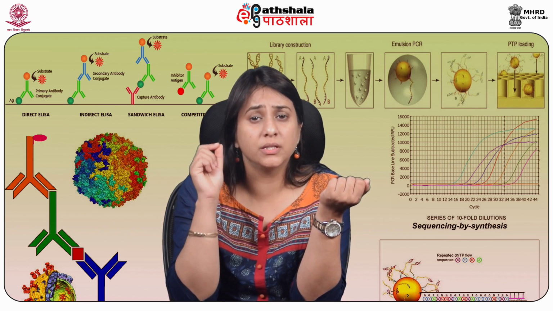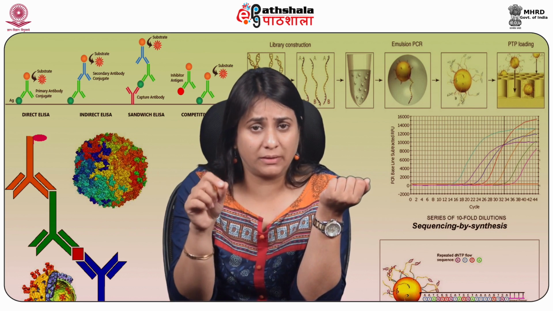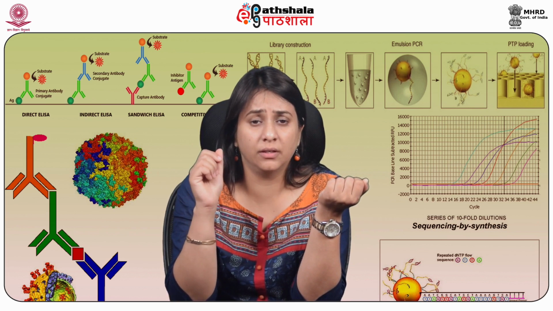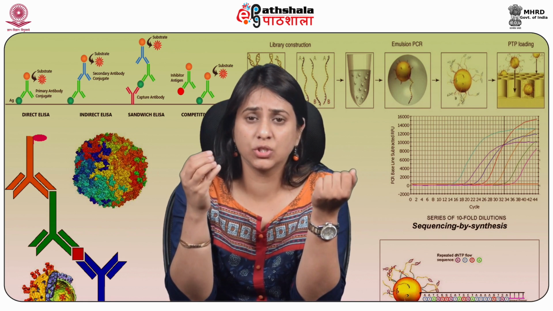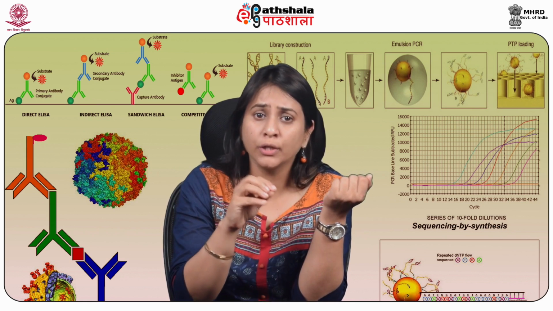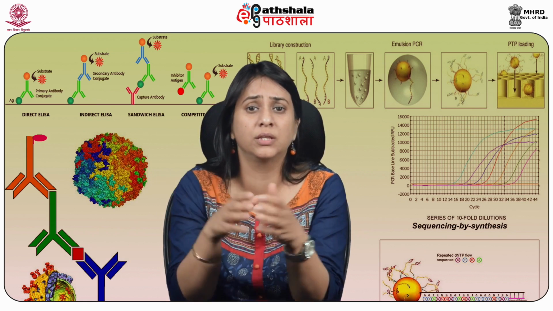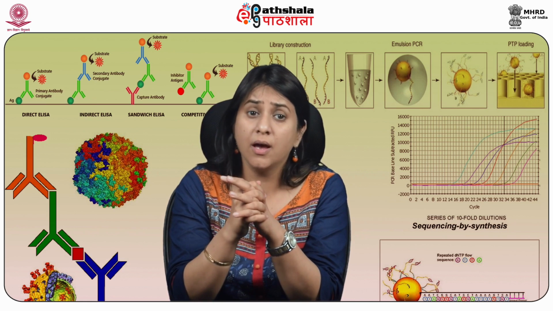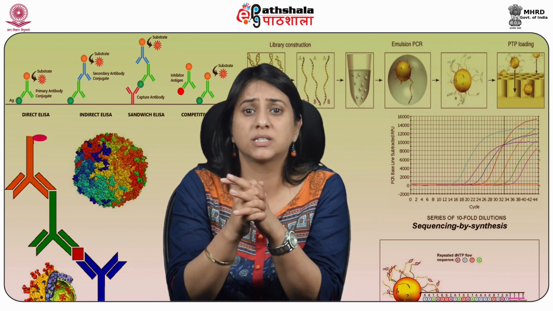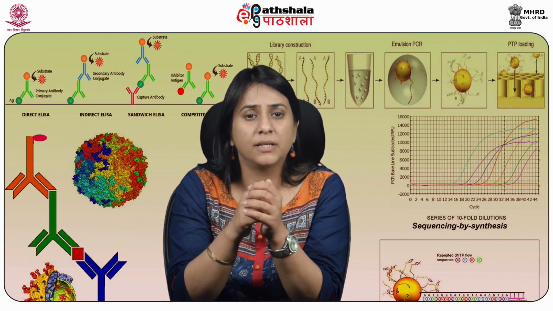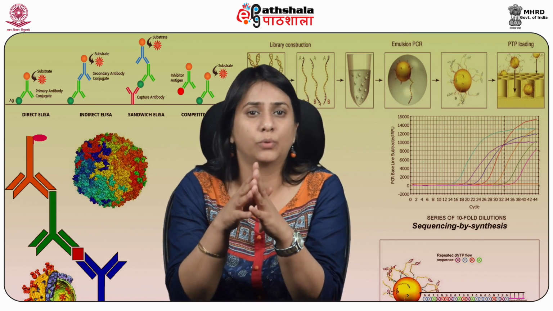This method is most commonly used in the clinical laboratory, and solid phase hybridization in the form of dot blot and colony blot can be easily used in clinical laboratories. However, this technique is time consuming, which limits its practical application in the clinical laboratory.